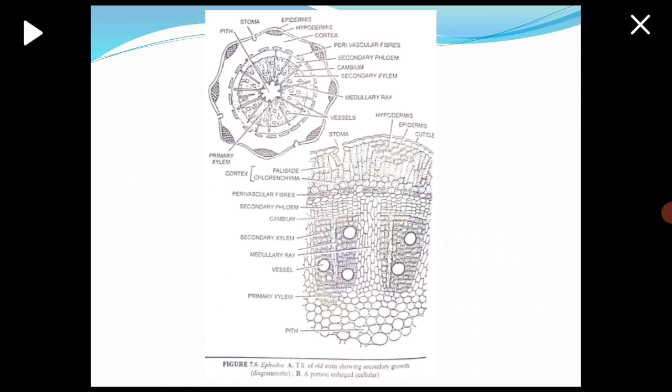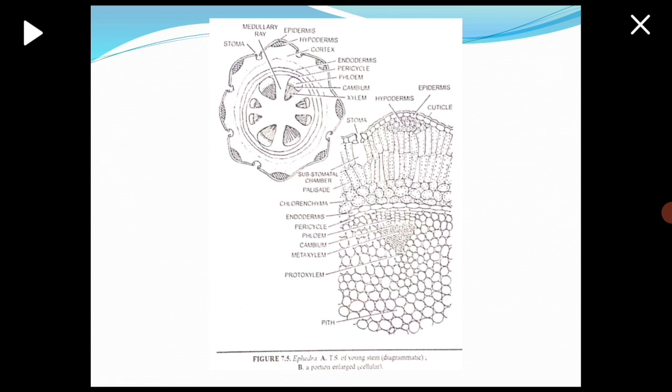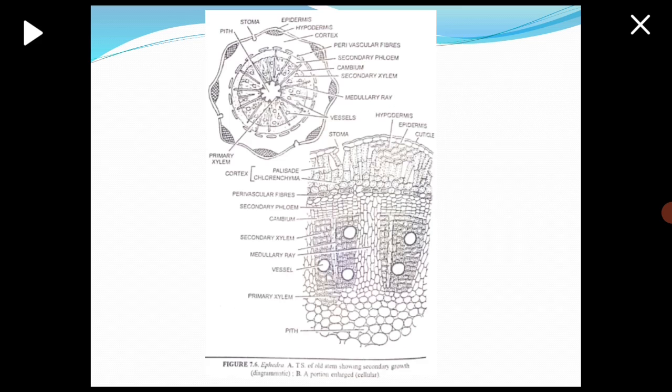Fully developed vessels showing perforated end walls also occur. The perforation pits in the end walls usually occur in groups. These are called foraminate type of perforation plates.